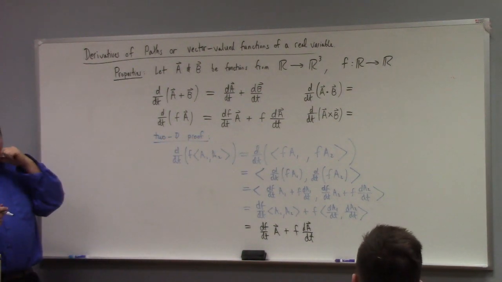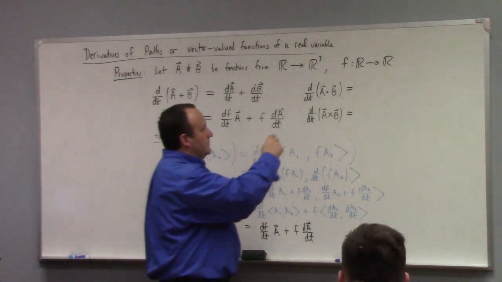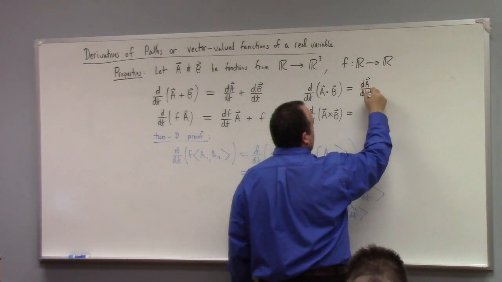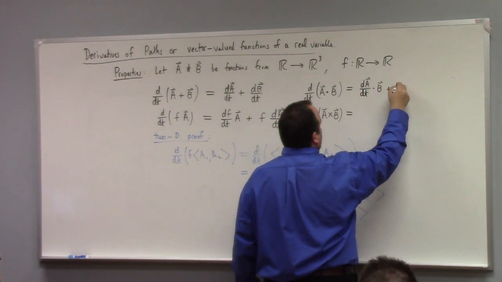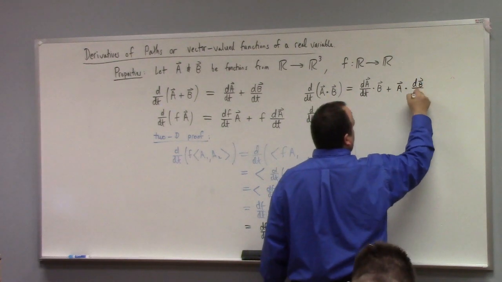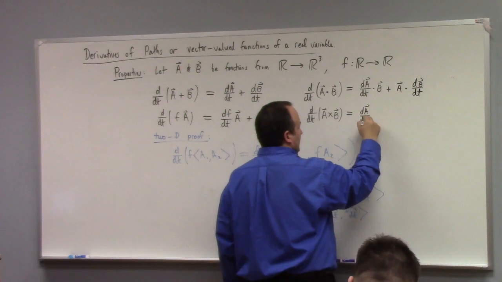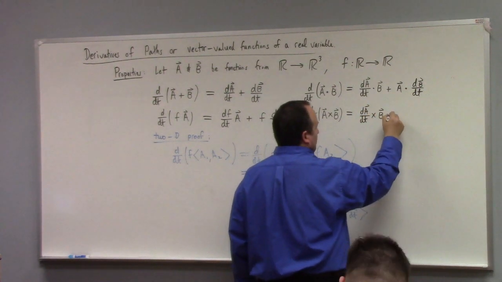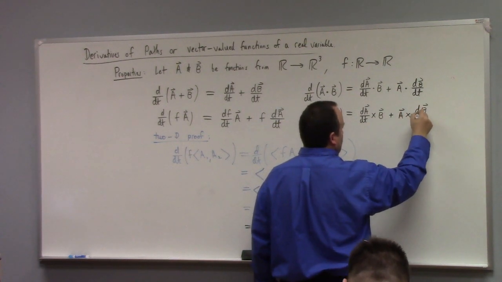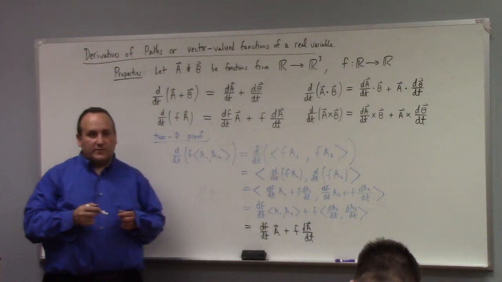There's also a product rule for the dot product and one for the cross product. In particular, it is just what you'd kind of expect. It's dA/dt dot b plus a dot dB/dt. And for the cross product, the order matters here, of course. You can't just change the order of the cross product, so you have to do it in the order that comes to you. But these are also true.